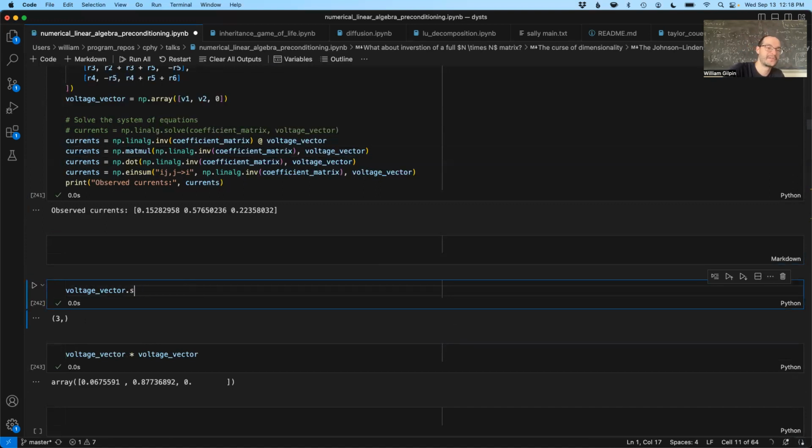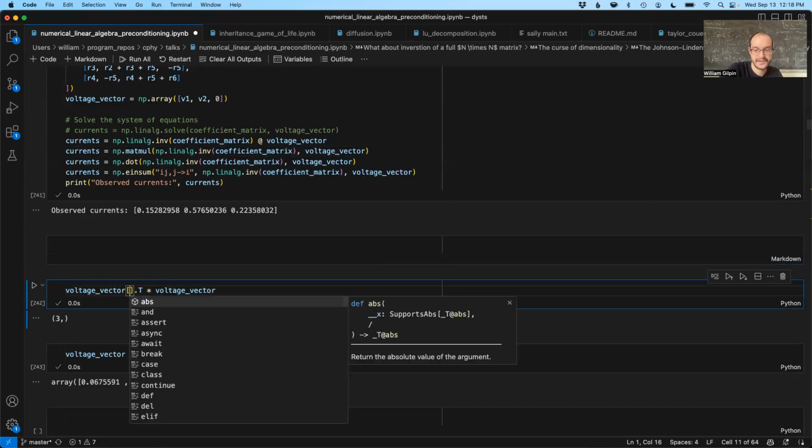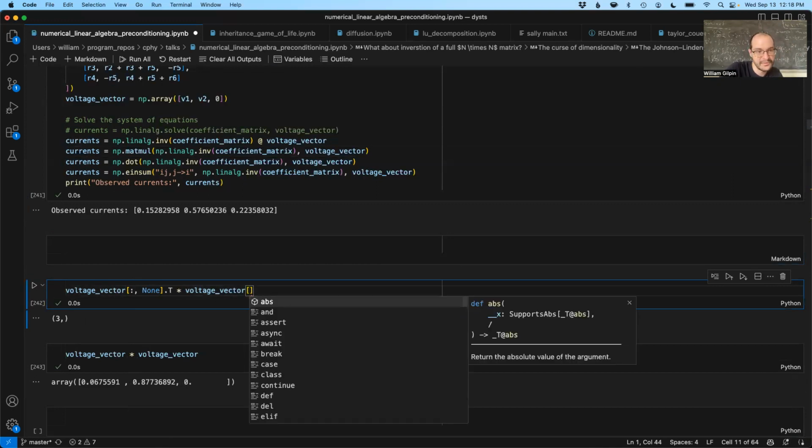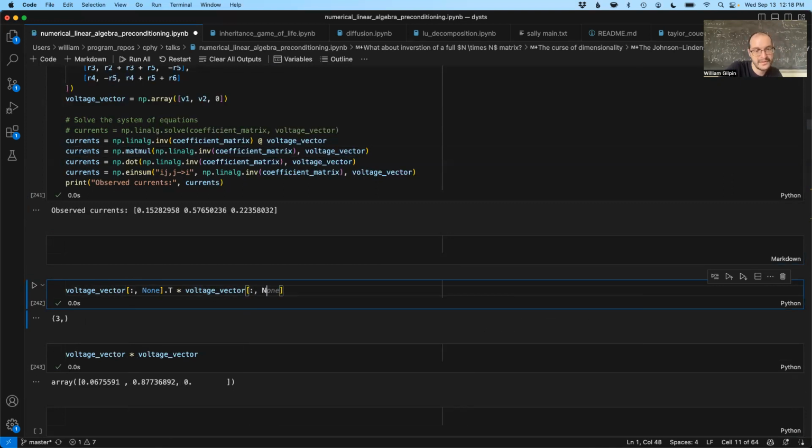But remember that if I do something weird like I do, I think transpose times voltage vector, and then I lift this with a dummy index, I might have this reversed. Then this will actually take an outer product because I've lifted it to a dimension. So it actually respects this whole contravariant covariant thing. If I decide to put in a dummy index to promote it to a 3x1. Yeah, I think so.